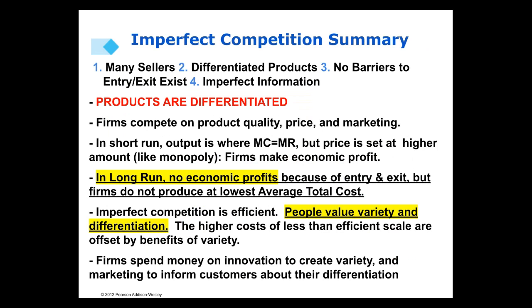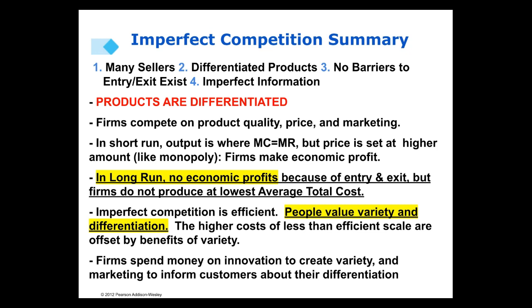And this is our summary of imperfect competition. Remember, imperfect competition is a market where you have many sellers and differentiated products, and there really are no barriers to entry or exit. Most of the markets that we actually see are probably markets that are characterized by imperfect competition.